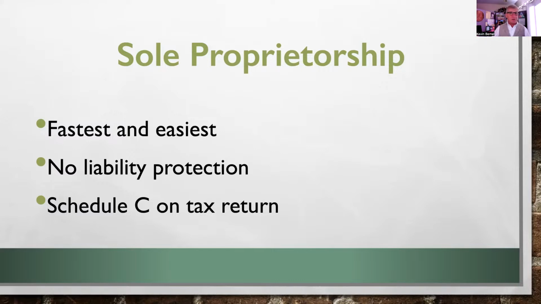Tomorrow or today, later today, you could form a sole proprietorship. These days, you can file a fictitious business statement online. Just do a search, fictitious business name filing, and you fill out a form. The form gets submitted to typically the county recorder. Again, that can vary from state to state.